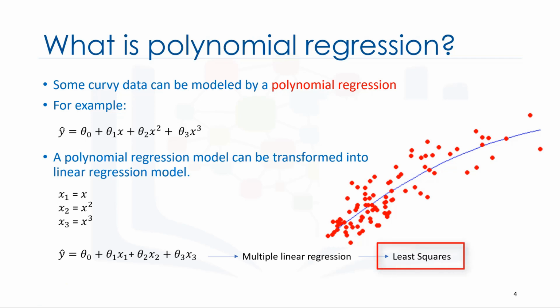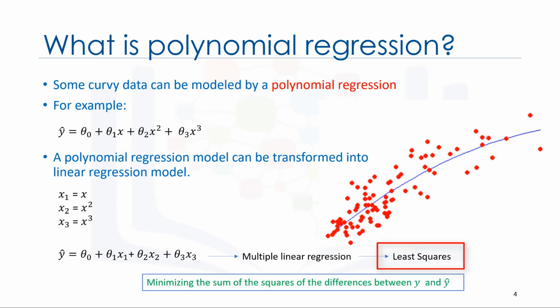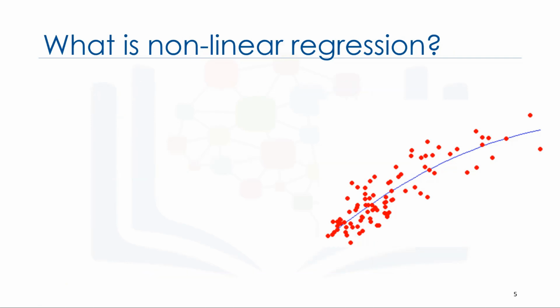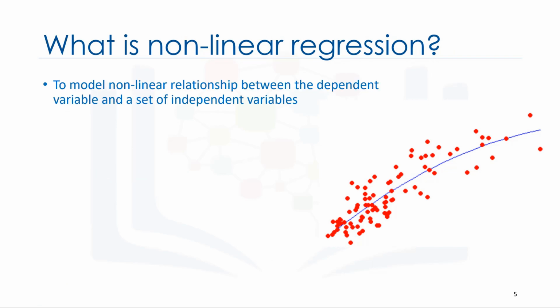Least squares is a method for estimating the unknown parameters in a linear regression model by minimizing the sum of the squares of the differences between the observed dependent variable in the given dataset and those predicted by the linear function.